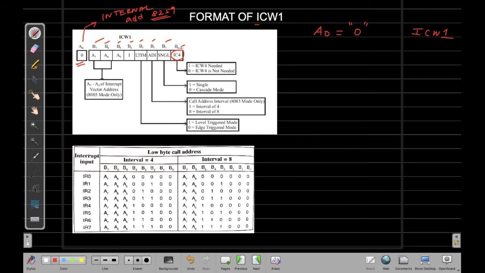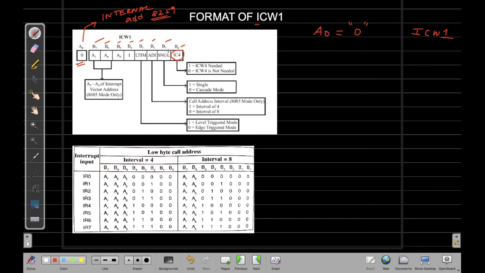Now we will come back to the first bit in ICW1. The first bit in ICW1 is called IC4. If this bit is set to 1, it means that I am going to transmit ICW4. If this bit is set to 0, then ICW4 is not required. So whether I am going to transmit ICW4 or not needs to be specified in the 0th bit of ICW1.